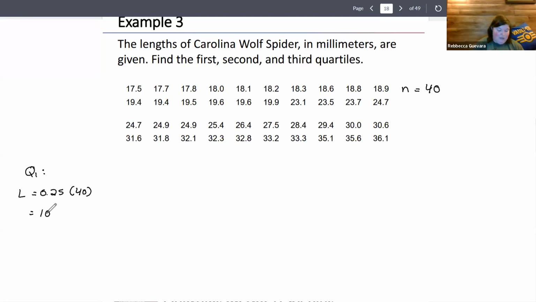I can get my calculator out because I'm going to have to do some calculations here. If I want to figure out my first quartile, it's going to be the average, or exactly in between, of the value in the 10th and 11th position.